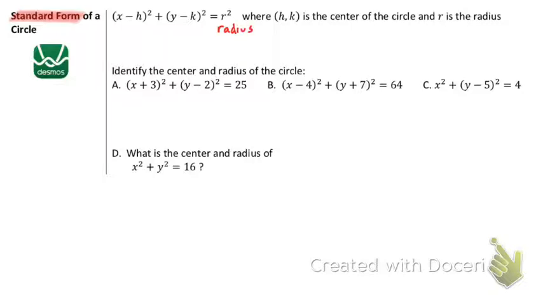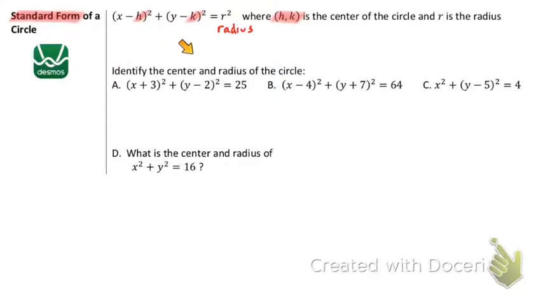As you look at this, we also want to remember that h and k, which can be found here and here, make up the center of the circle. So when you have the standard form of the equation of a circle, it's really easy to find the center, and then we do a little bit of math and we can find the radius. And I'm going to show you how this works.